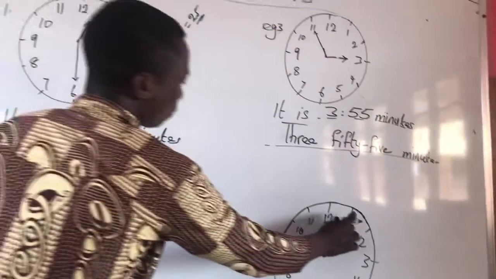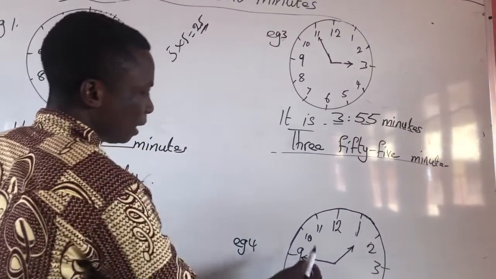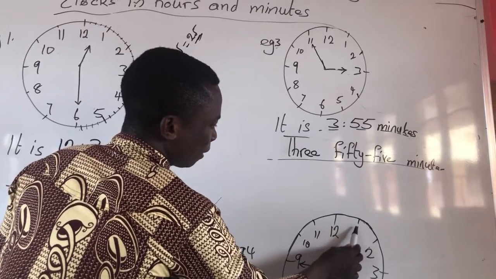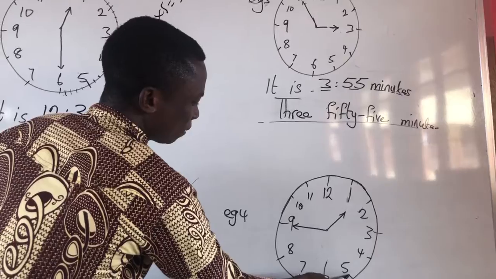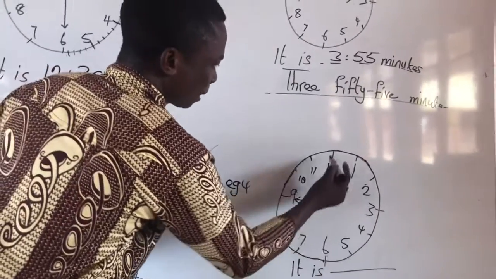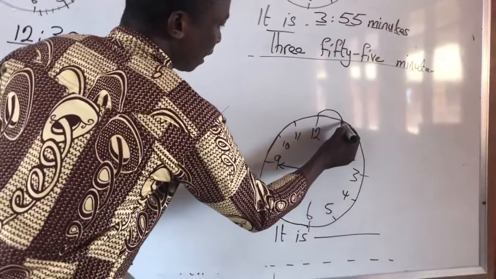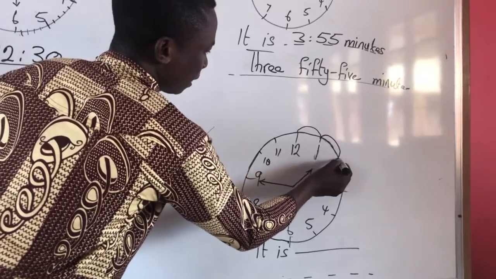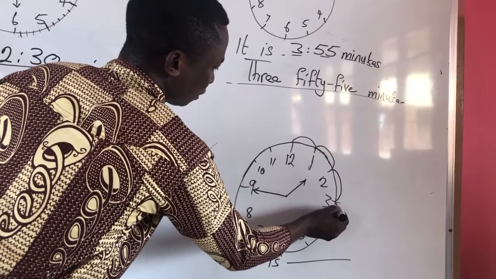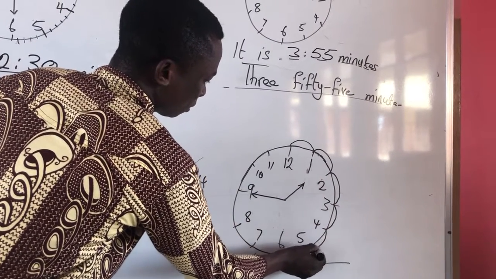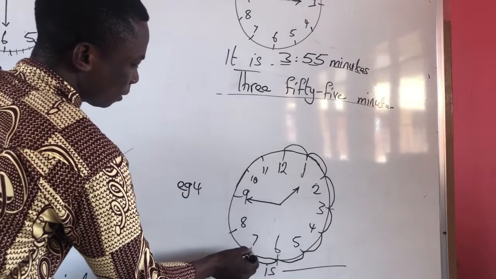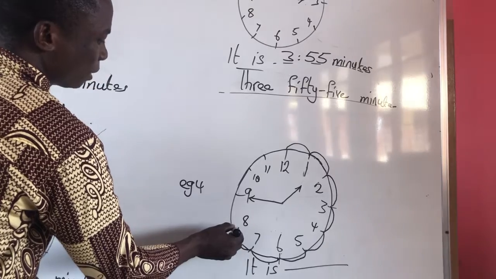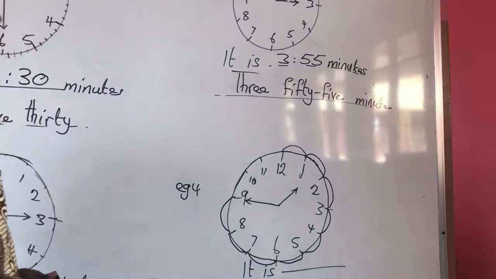So you read it 1 o'clock, how many minutes? Then you count. This is 5, 10, 15, 20, 25, 30. Look at it well. This is what? 5, 10, 15, 20, 25, 30, 35, 40, 45.